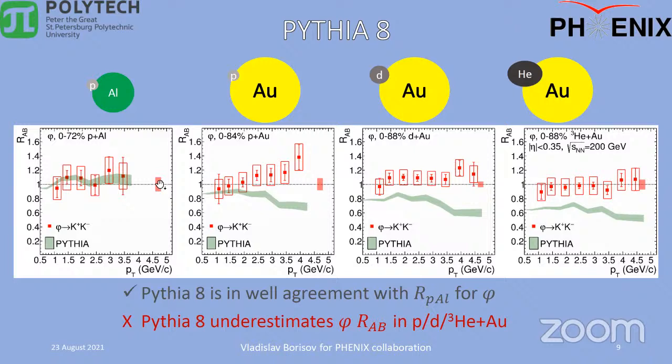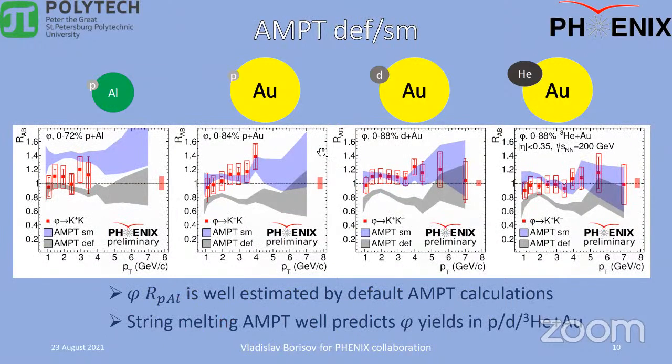PYTHIA8 underestimates phi RAB in gold target collisions, while proton-aluminum results are in nice agreement. The same can be said about default AMPT predictions, which describe proton-aluminum well and fail to describe the large target.